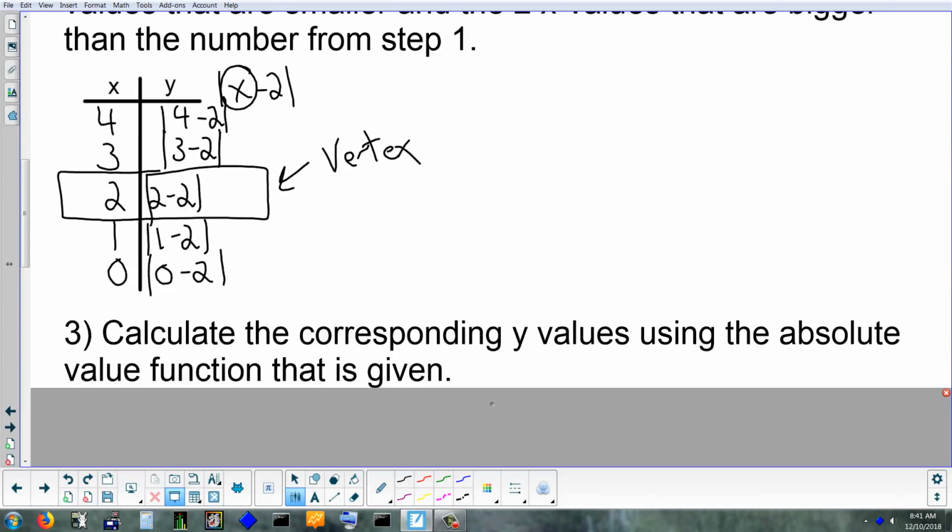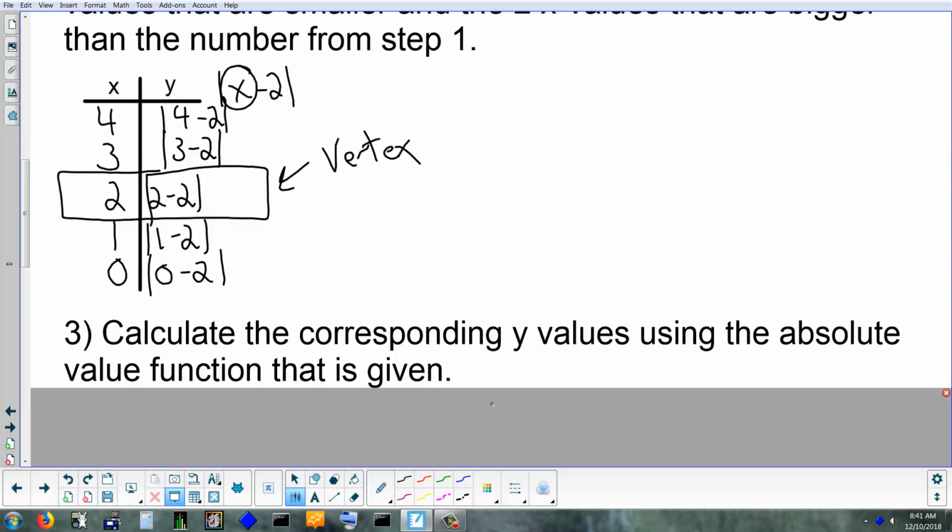Now, when you're doing absolute value, you have to understand when I'm solving these, if I get a negative number, it can't be negative. Anything inside the absolute value bars, when you solve and the result is negative, changes to positive. Because remember, absolute value measures the distance from 0. We can never measure distance as negative. And this is the reason why I say do the positive numbers first.